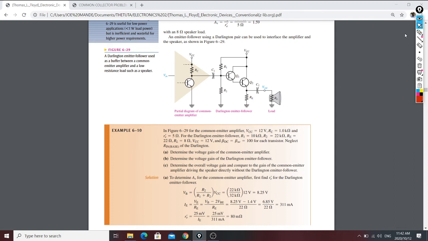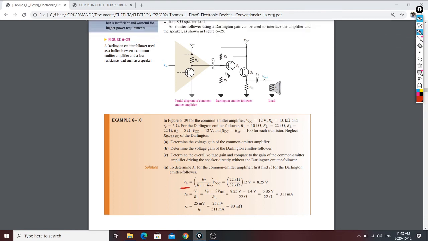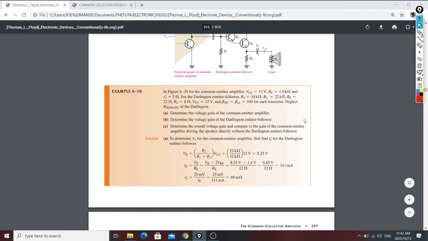Follow now and see what happened. As I said, we start from the Darlington. You apply your voltage divider on the Darlington, to get your V base, which is this voltage here. It's calculated by this equation, and then you calculate your E emitter. Once you know your E emitter, calculate the internal resistance. Once you know the internal resistance, calculate your R in base.